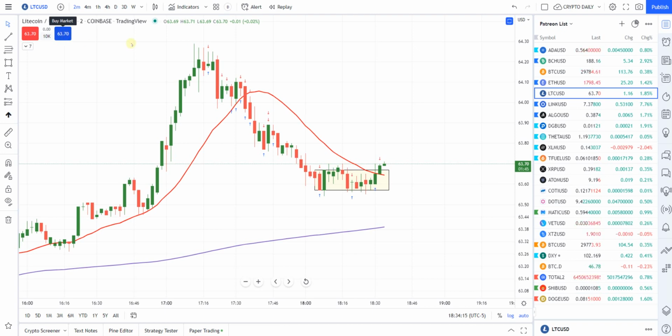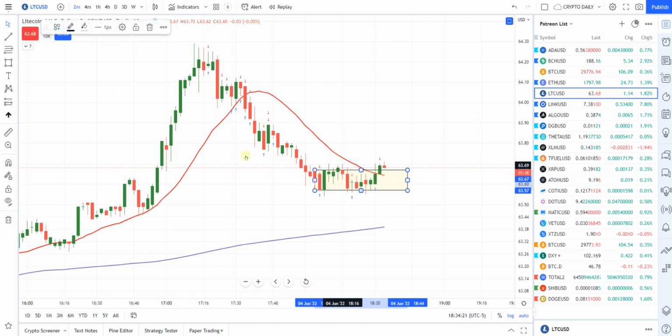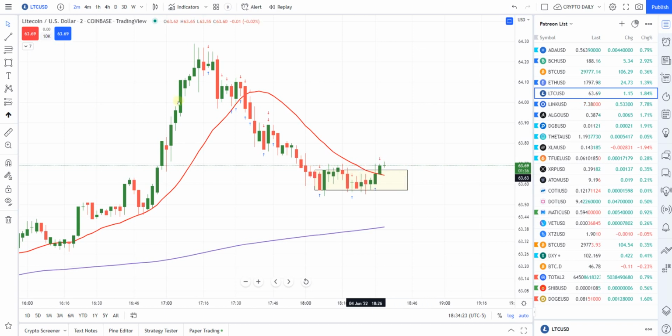Okay, it didn't immediately run up. That's generally an uh-oh sign. See if we get back down in there. Man, that'd be a pretty decent head fake.